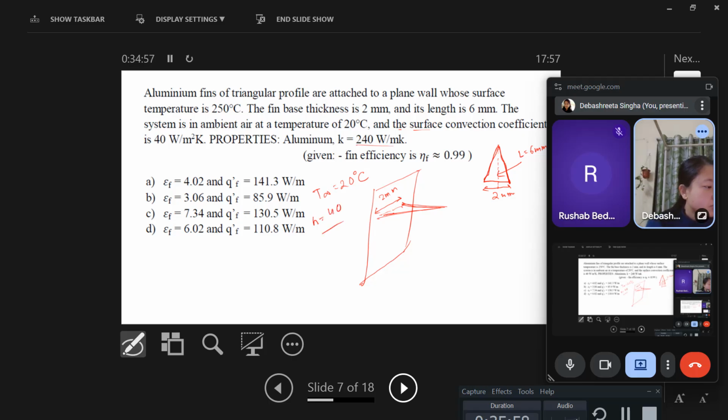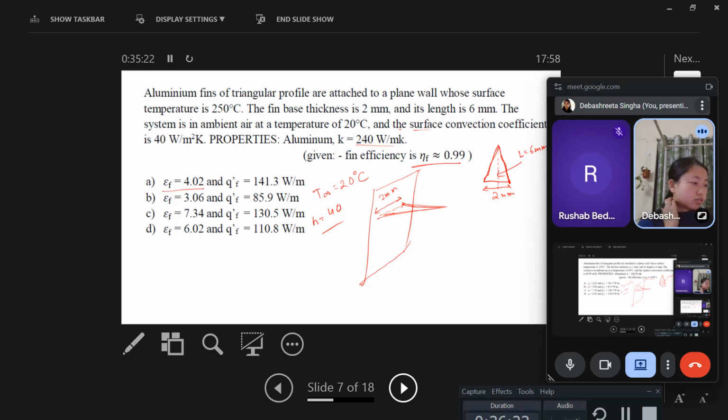Then k is equal to 240 watt per meter Kelvin. Then the fin efficiency, eta f, is also given. What is the question given here?